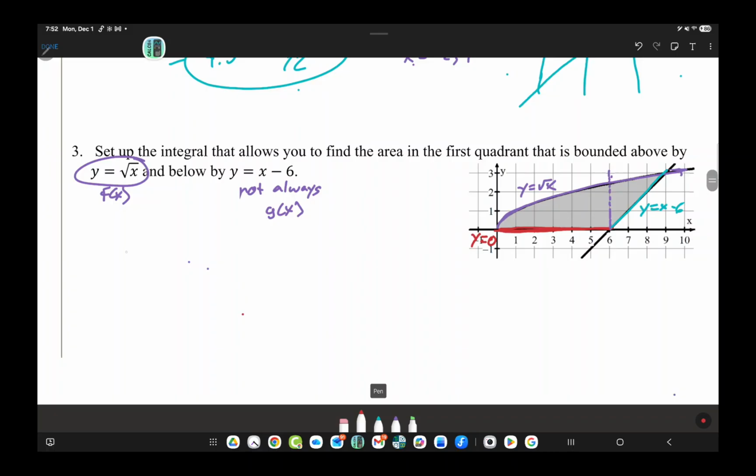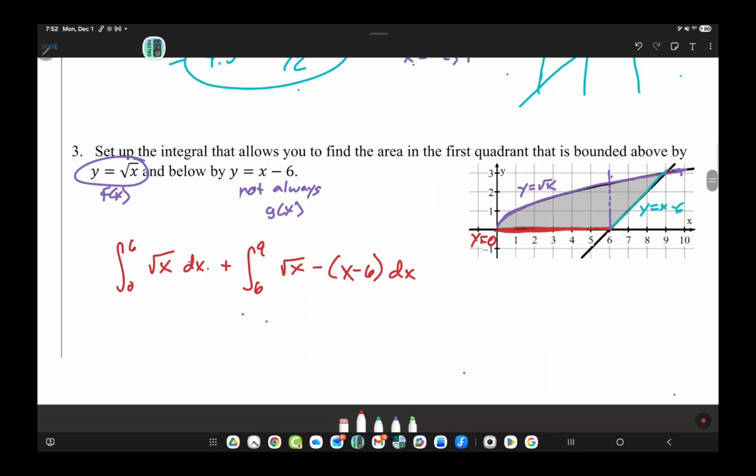I'm going to integrate from 0 to 6 of just the square root of x dx. There's no point in putting minus 0, because if you're subtracting y equals 0, it's just minus 0, which is nothing. Plus the integral from 6 to wherever they intersect here, which is 9, of the square root of x minus the x minus 6 dx.